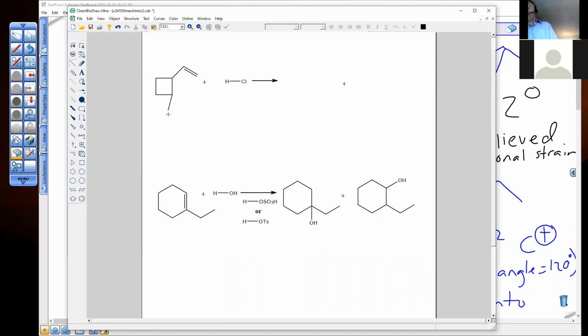I'll have stuff down here. So I want to give a mechanism for all products here. Give a mechanism for all products. Circle major, and explain.